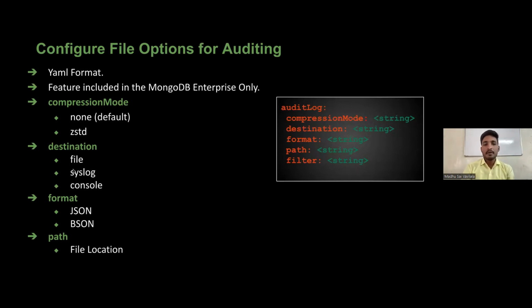In Linux, for the CentOS flavor, /var/log/syslog is the destination file, and for Ubuntu distributions, /var/log/messages is the destination file. The format is the type of storage, JSON or BSON structure. If you are using the BSON format, then you can use the bsondump command to see the data. And path: path is the file destination. If you mention the destination as file, then you need to specify the file path.